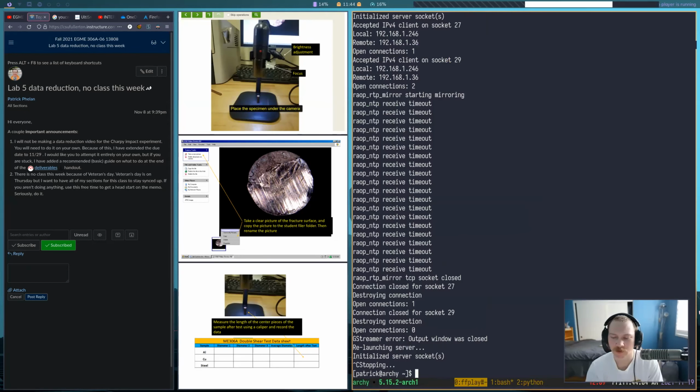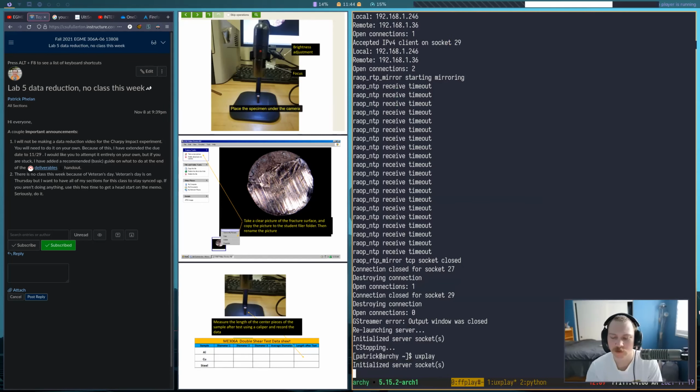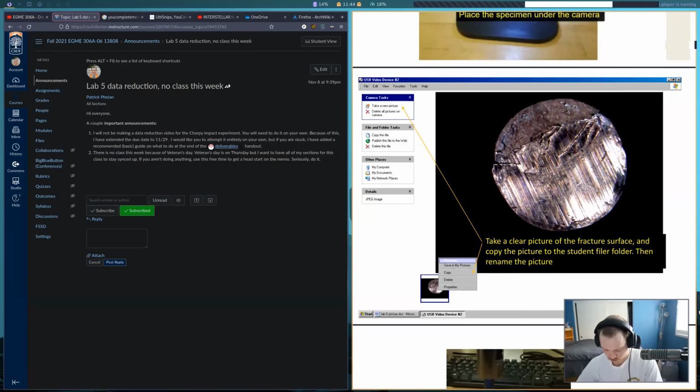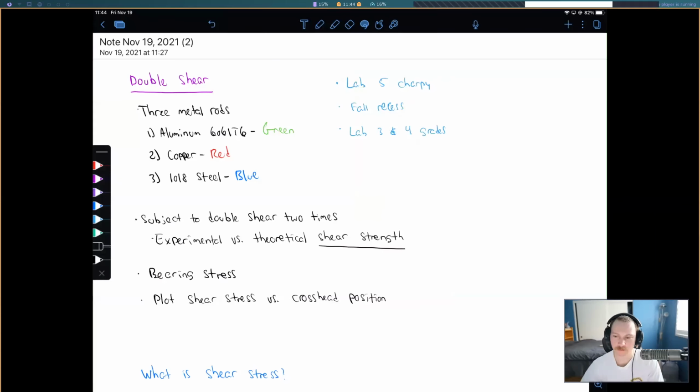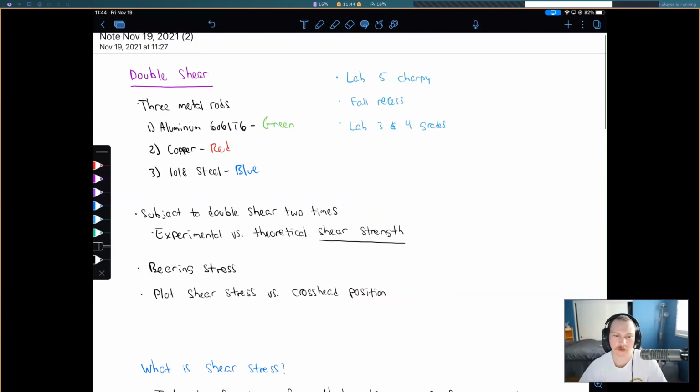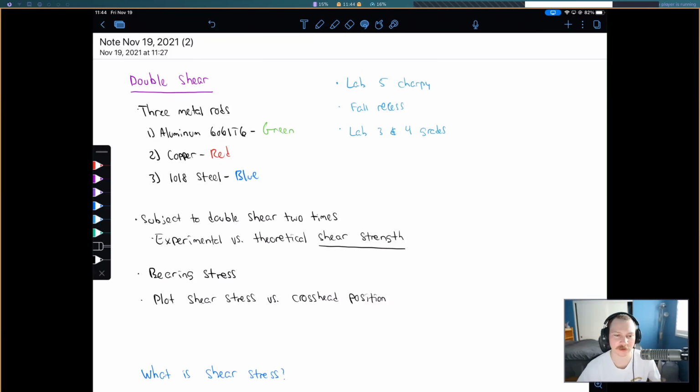Alright, so let's get started on the lecture. I already wrote some stuff down just to get it out of the way. So we're doing double shear once again. We have our 3 rods that we talked about, and we are going to subject it to that double shear, and we're going to do it 2 times.